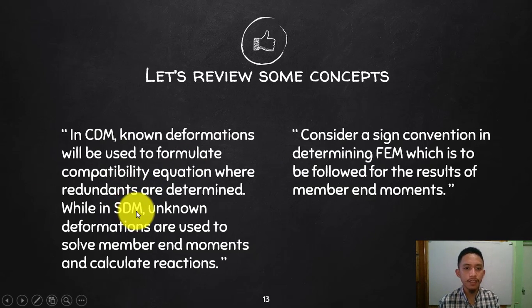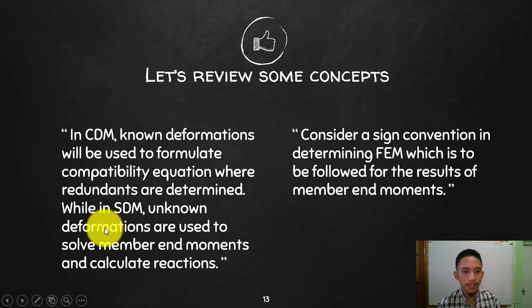In slope deflection, this is our topic today, your SDM, we are now using the unknown deformations to solve for the member end moments. Your unknown deformations will serve as your variables to create your slope deflection equation to be used in your equilibrium equation. Once we know your deformations, get your end moments, and then calculate the reactions. So we are just following the procedure.